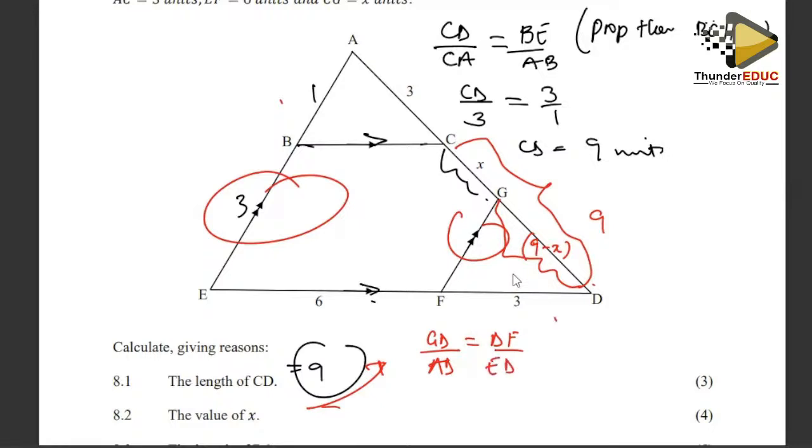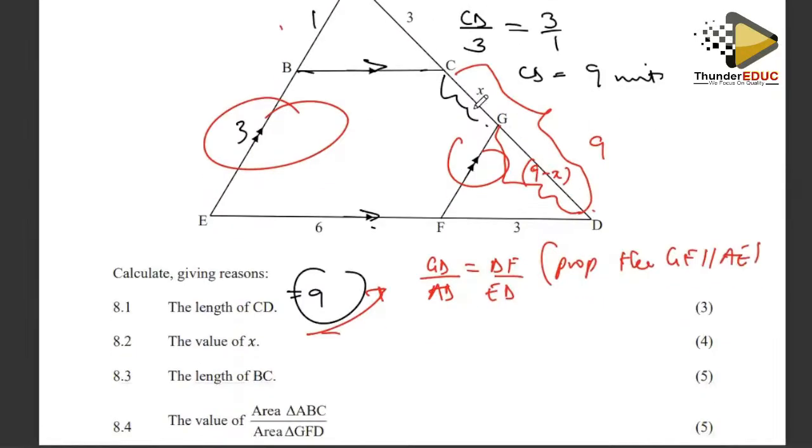We're going to still use the same proportionality theorem. GF is parallel to AE. So let's substitute that, and we have our 9 minus X over the total distance, which is 12, is equal to 3 over 9. Cross multiply, and let's see what we get.